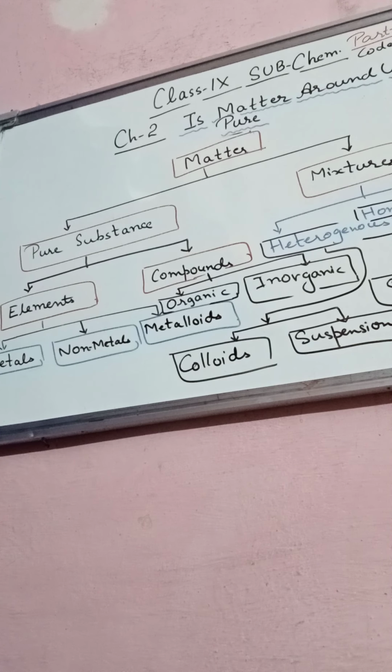And then one activity is given in your book, page number 14, activity 2.9. Here you take 4 beakers and mark them A, B, C and D. In beaker A you add 50 ml of water and 1 spatula of copper sulfate powder.